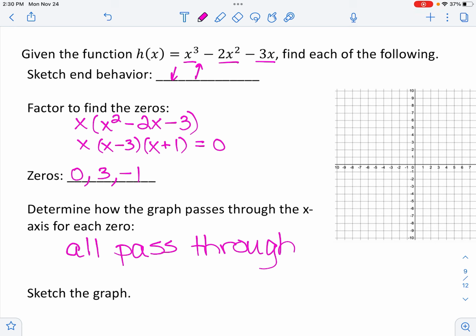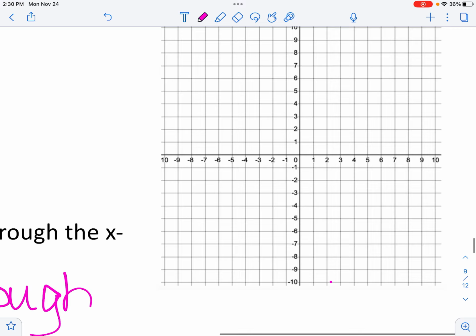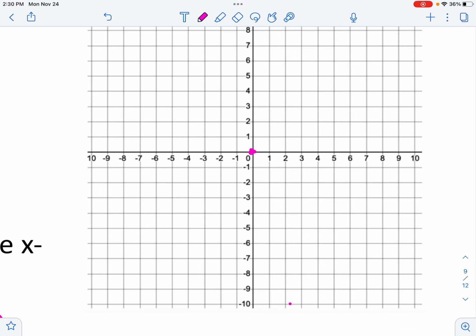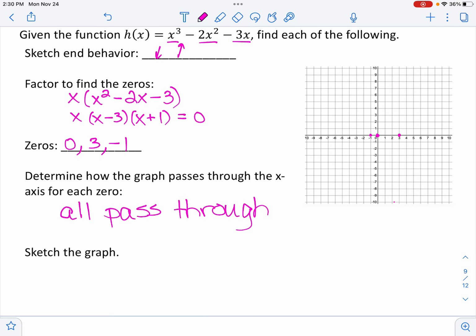So when I graph this function, I should end up with it passing through these points. So I'm going to make a dot at each of those: 0, 3, and what was the other one? -1? Yeah. So I should get something that looks like this.